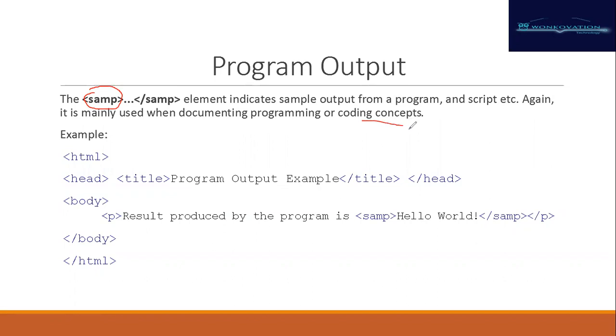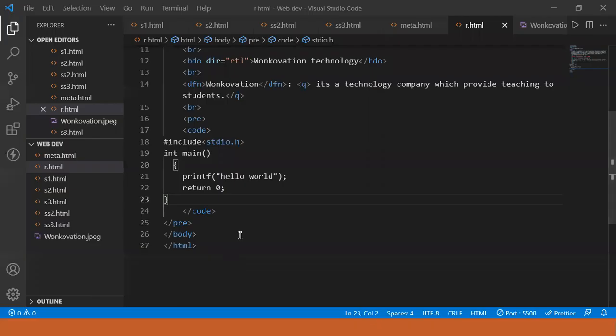It is used only for programming, not for other web designing purposes. It is used for writing tutorials, like a tutorial website. So SAMP is used for output.